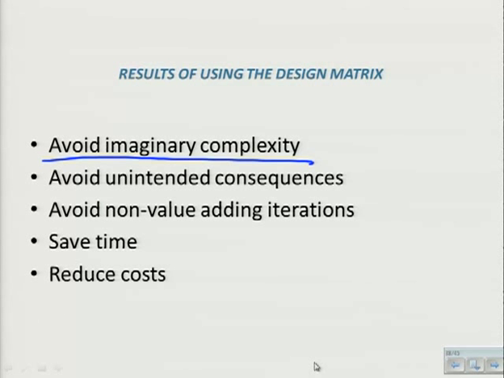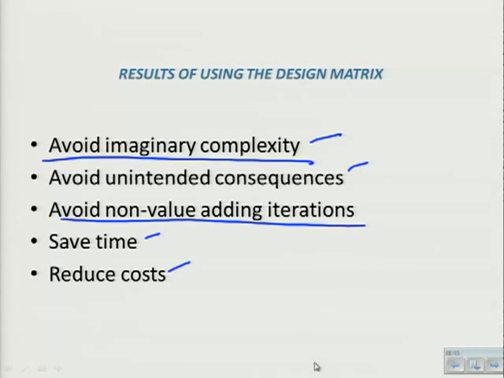Avoid unintended consequences. Avoid non-value adding iterations. So all of these things, the imaginary complexity and unintended consequences, take time and value away from the design. So if I can avoid these things, I have a much better design. So save time, reduce costs.